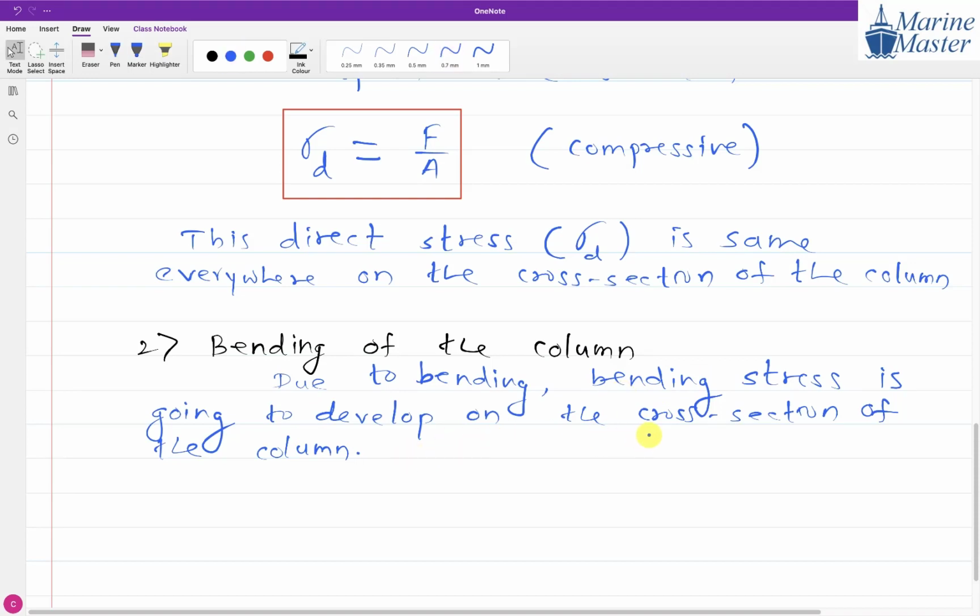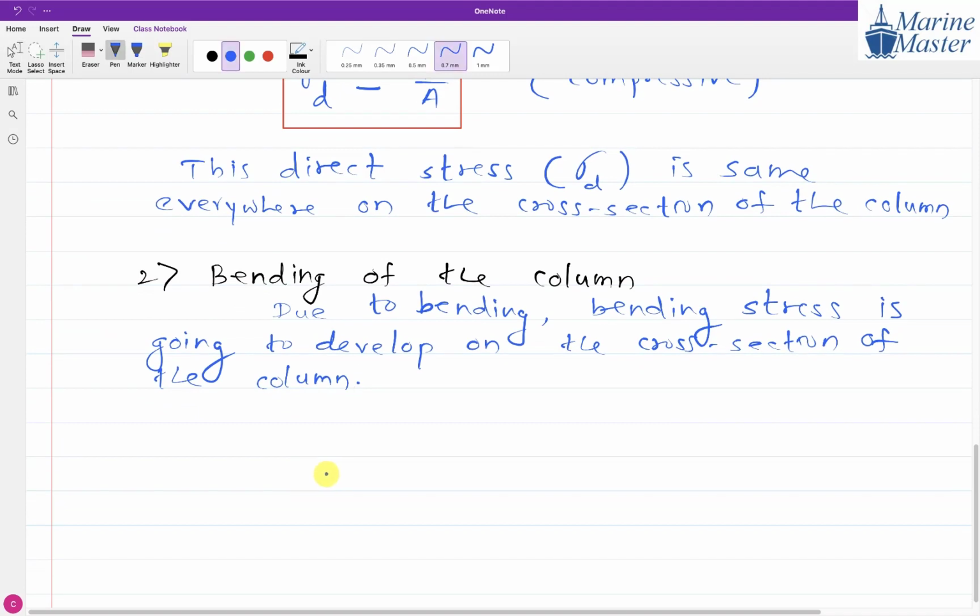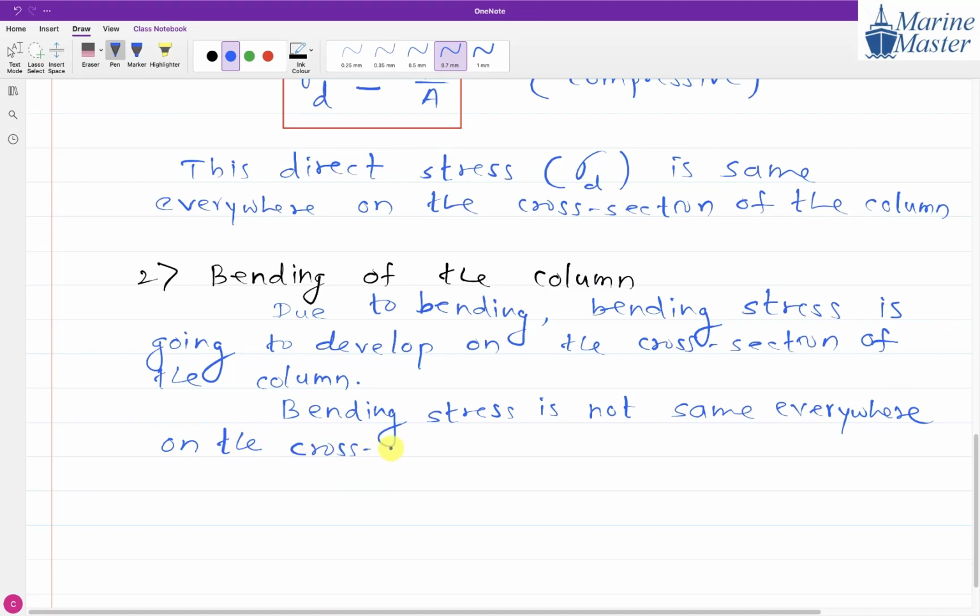I told you we always mention stresses with respect to the cross section. So due to bending, stresses develop on the cross section of the column, and bending stress is not the same everywhere on the cross section. Try to understand this point: bending stress is not the same everywhere on the cross section of the column.